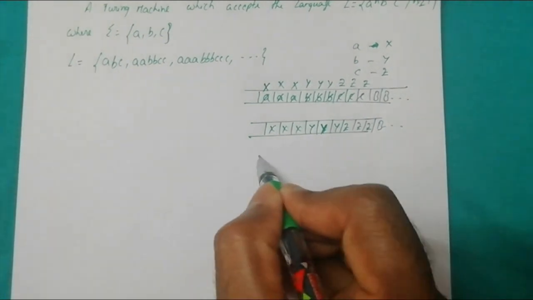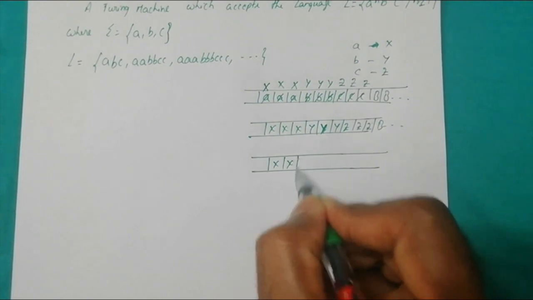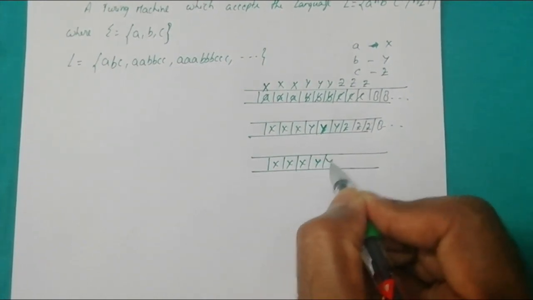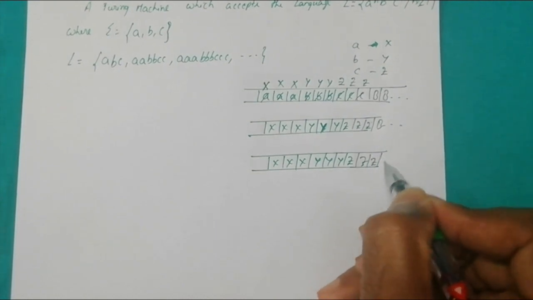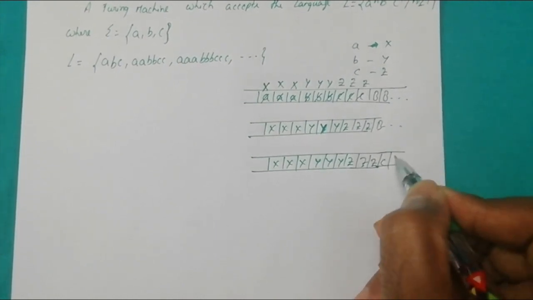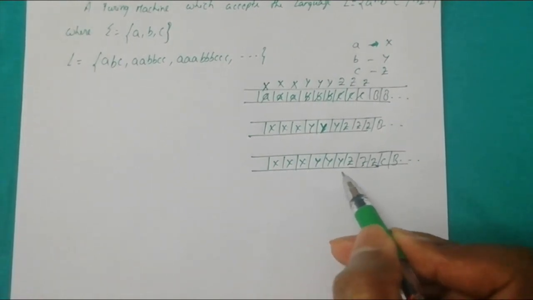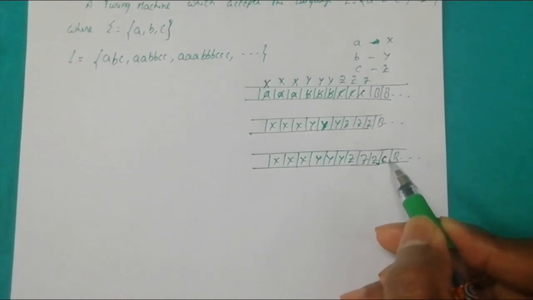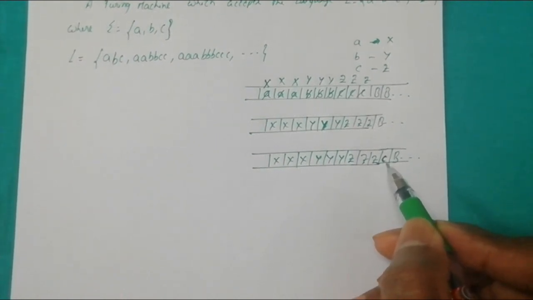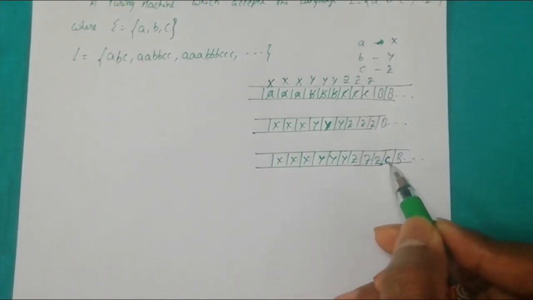If the tape contains symbols like this, we identify 3 x's followed by 3 y's followed by 3 z's, it is okay, but there is one more c which needs to be converted to z, but there are no corresponding characters of a's and b's for this c.